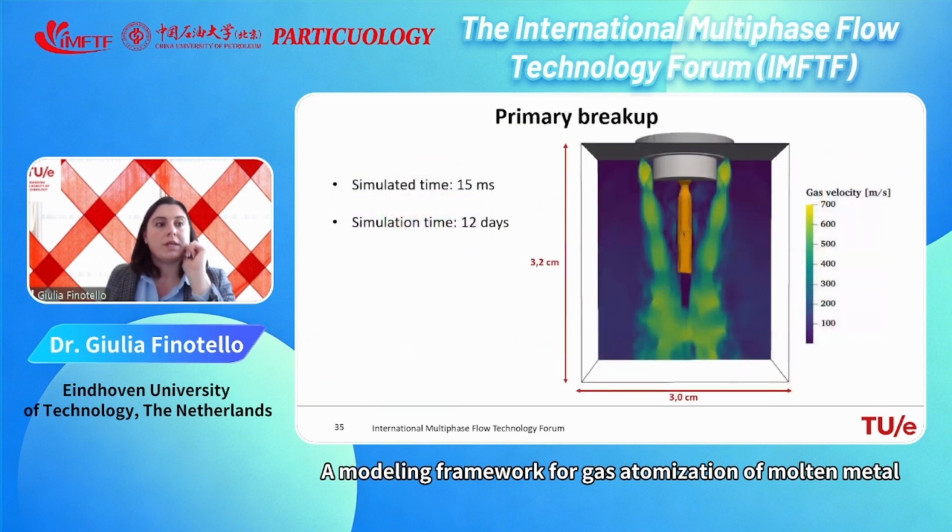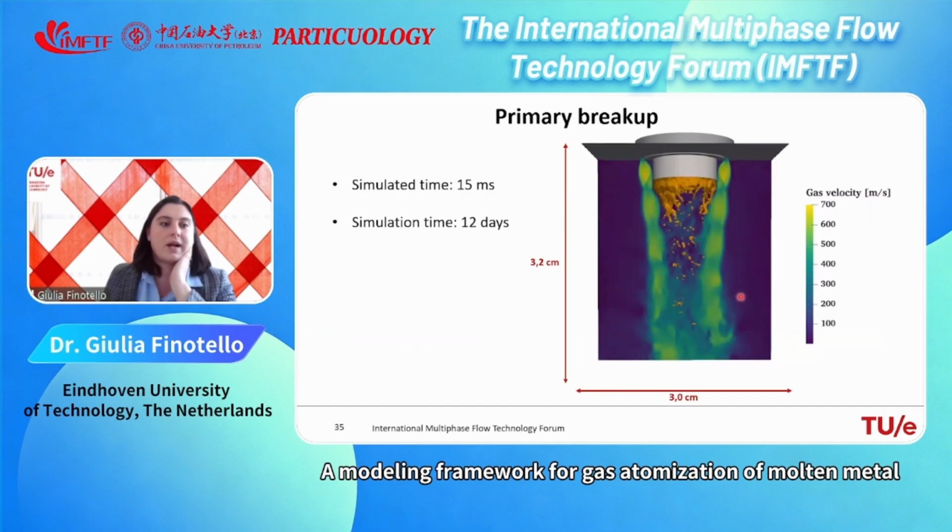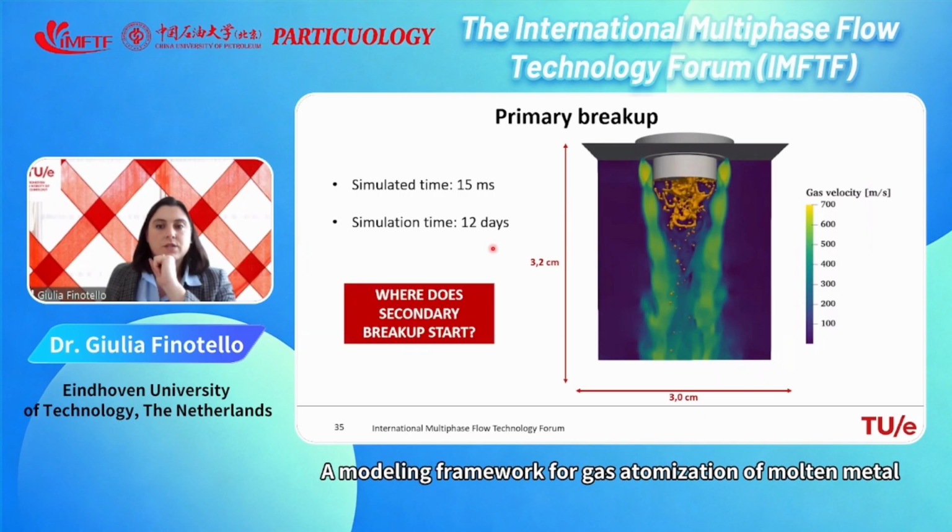So what we did was to simulate, and this you have already seen many times, a primary breakup simulation for 15 milliseconds, which corresponds for this condition to 12 days, but that varies a lot depending on the condition of atomization. And then we ask ourselves the question, where does the secondary breakup start?